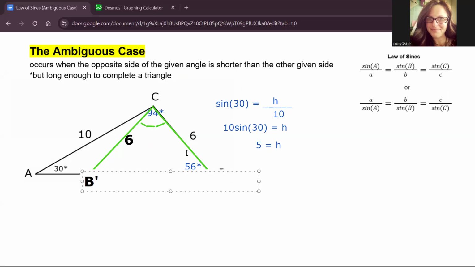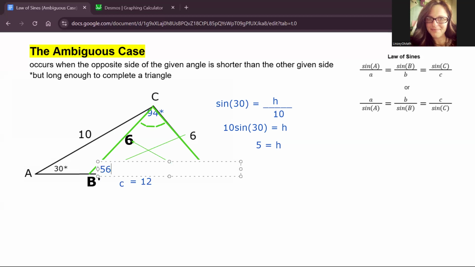And now I see that we have an isosceles triangle, 56-degree angle, side 6. Side 6, this will be a 56-degree angle as well. And we'll label that 56 degrees. And now we can solve for angle B prime, this angle right here.